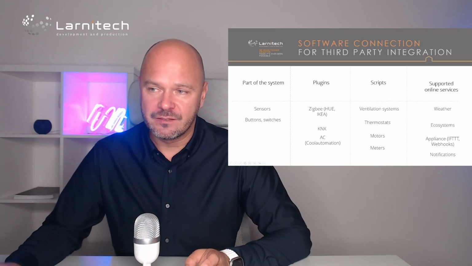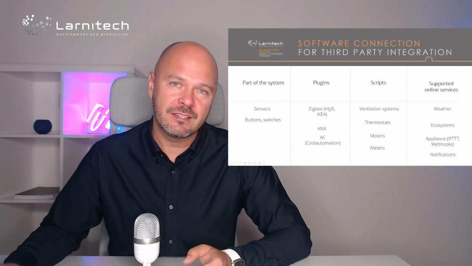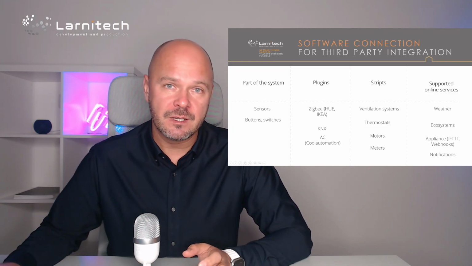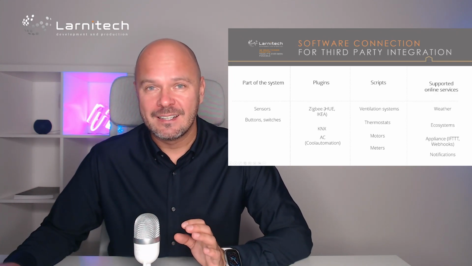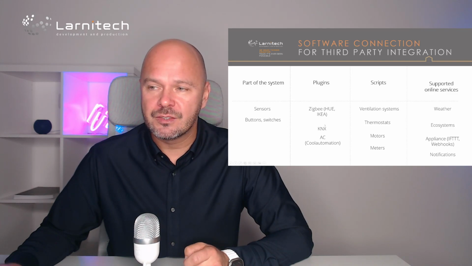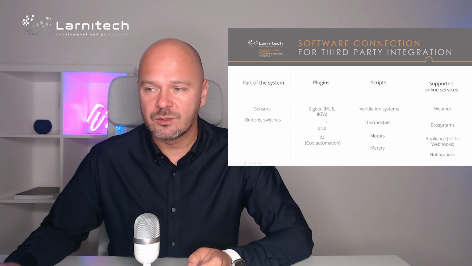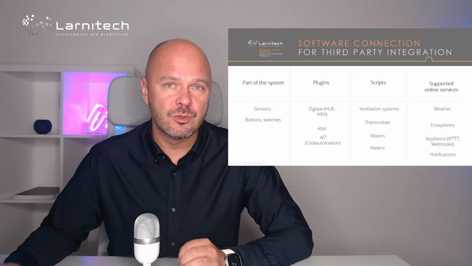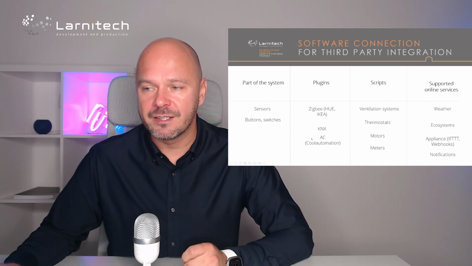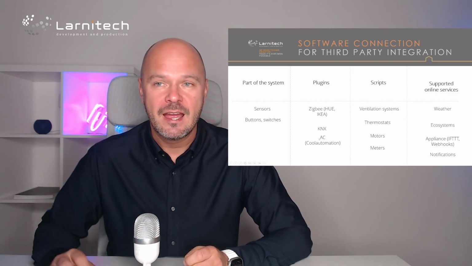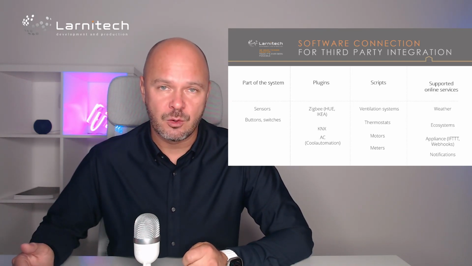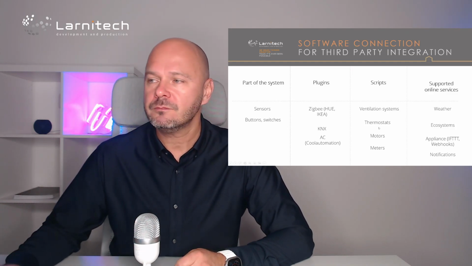You can activate these plugins and you can use it to connect to things like Zigbee using Philips Hue or maybe IKEA bridge. And then you use plugins to connect to KNX and to air conditioners. For example, you can use plugin for CoolAutomation, which is compatible with hundreds of brands of air conditioners.